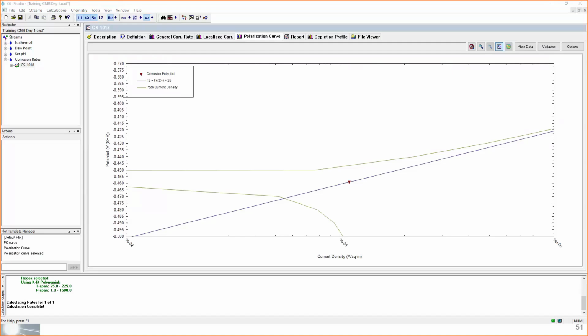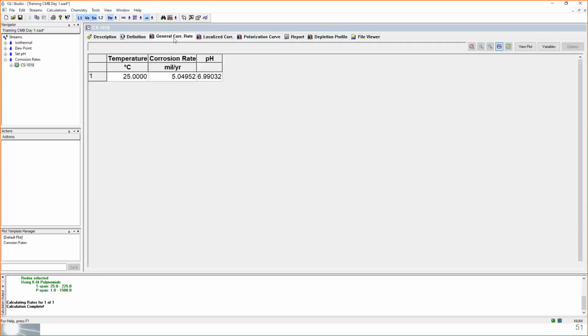What is the estimated error for these results? Well, we have used experimental data to predict this corrosion rate. The best we can do is always provide to you what we call validation plots.